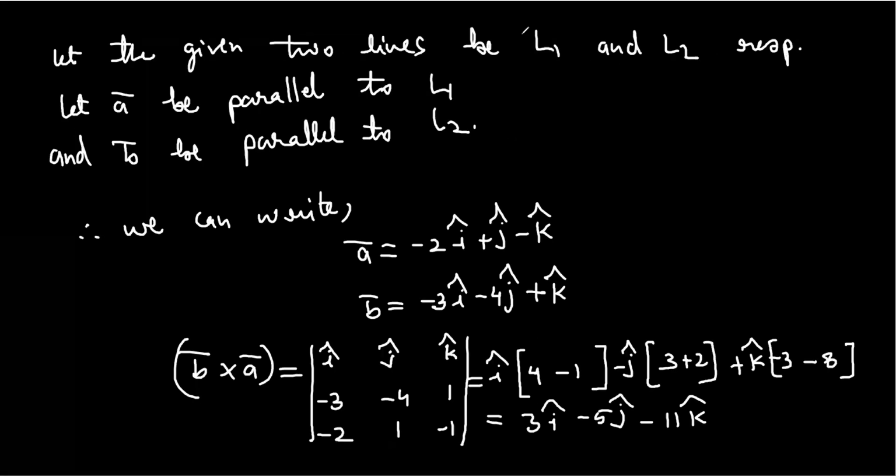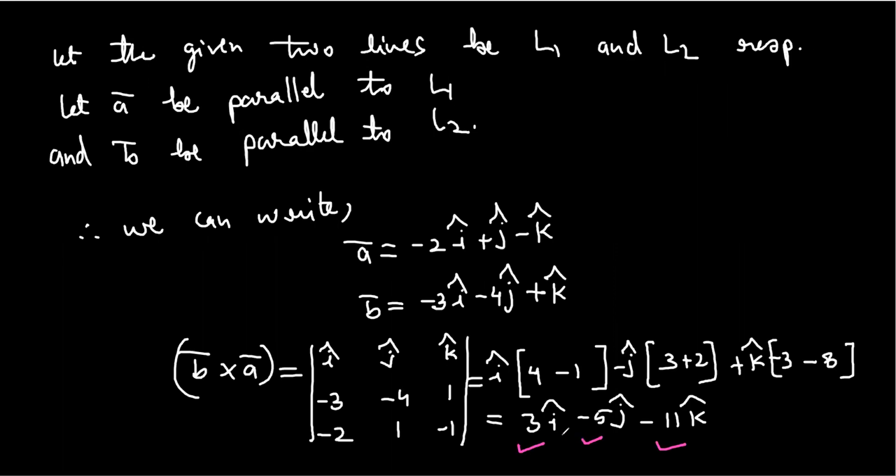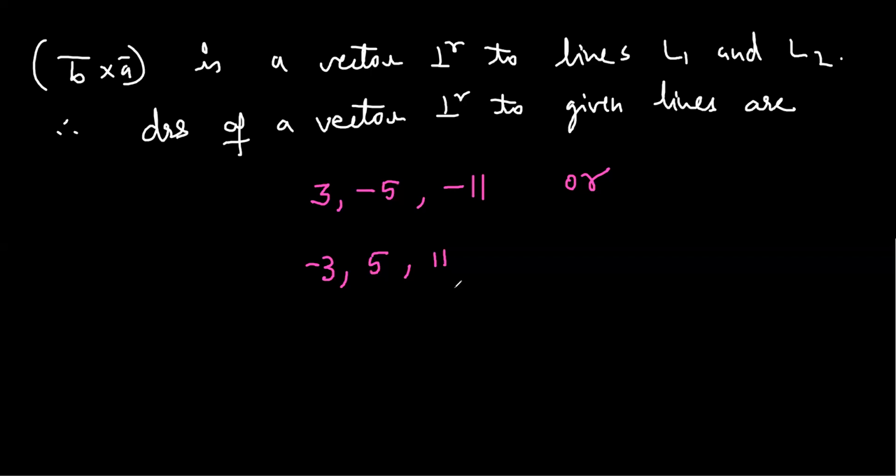See, the DRs you will write as 3, -5, and -11, or you can write -3, 5, and 11. You can write these three numbers or these three numbers.